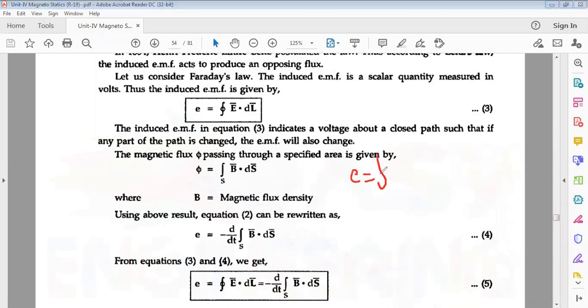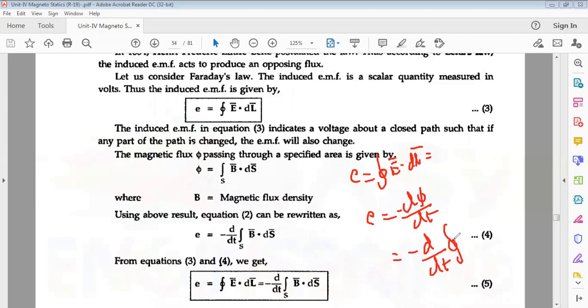So the EMF E is equal to minus d by dt of the surface integral of B bar dot ds bar, and we bring the derivative inside the integral.